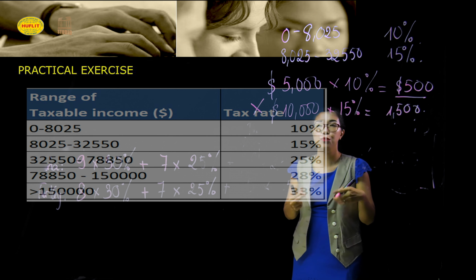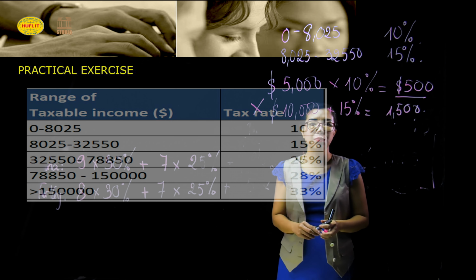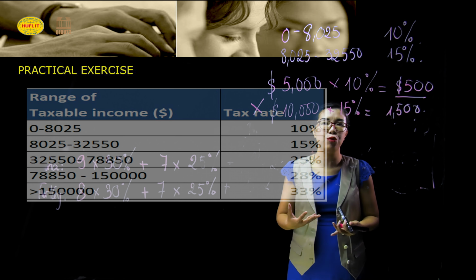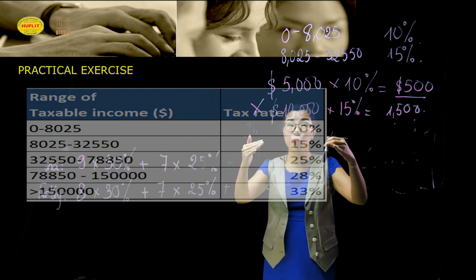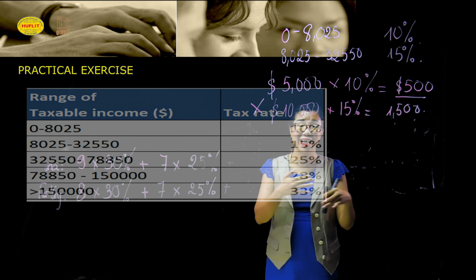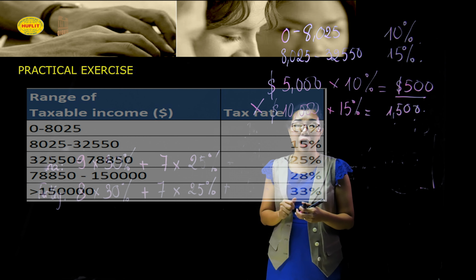Okay, so I'm going to show you which one is the right one. Based on the rules of calculating tax, you need to fulfill your duty for the first bracket first. So you pay one bracket after another. You don't pay only on the range that your income belongs to.